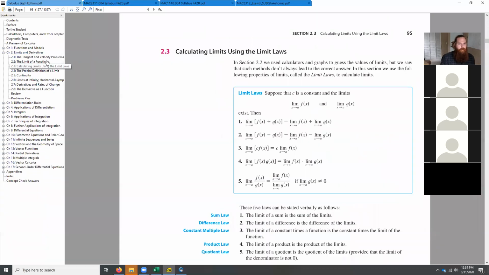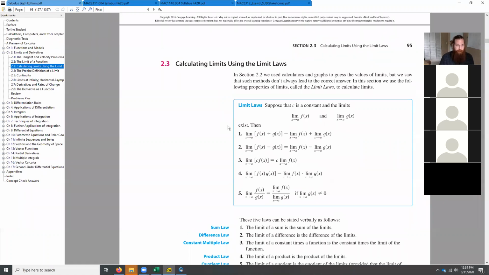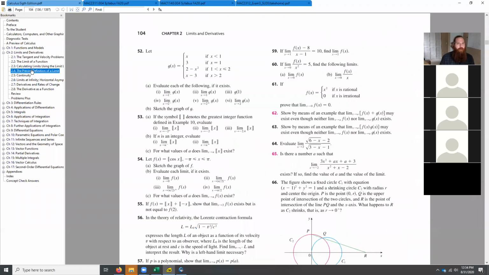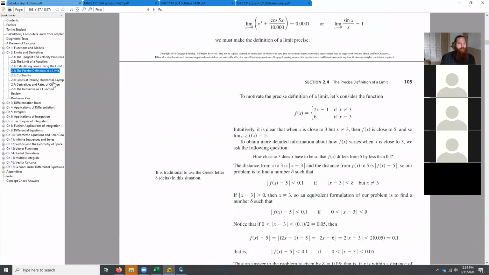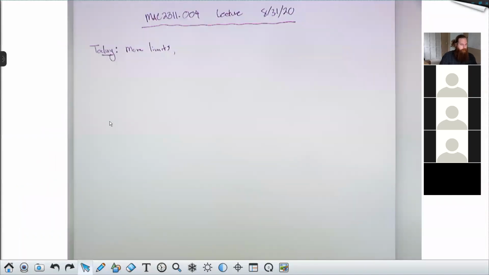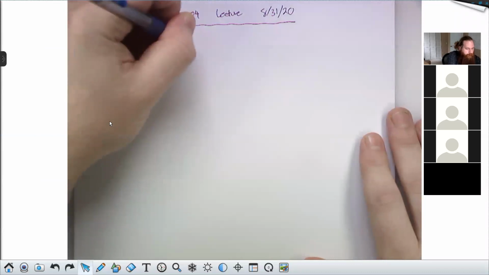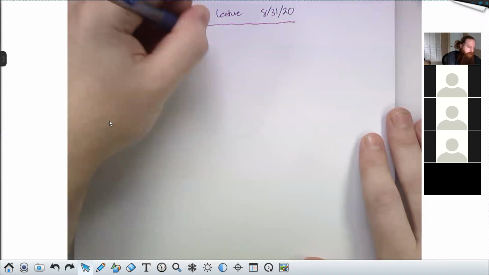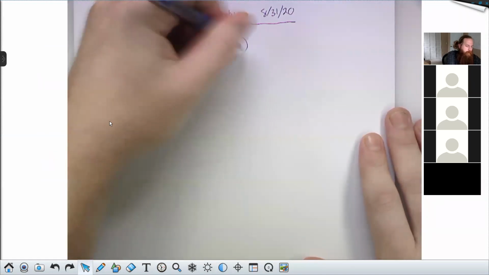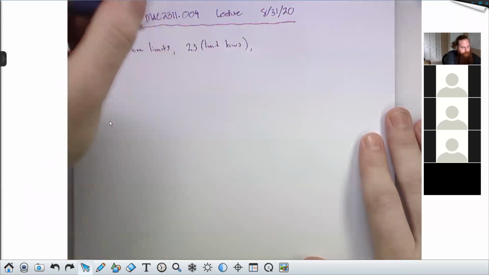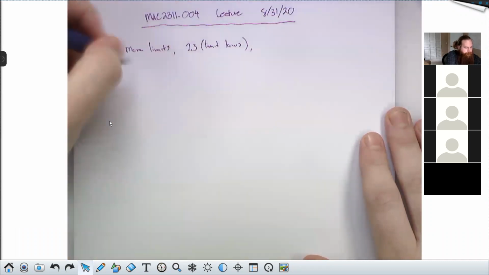So 2.3, we're going to learn some laws for limits, some rules for how limits operate as algebraic structures. 2.4 is not a section that we're going to cover in detail, but I wouldn't mind talking about it just a little bit.